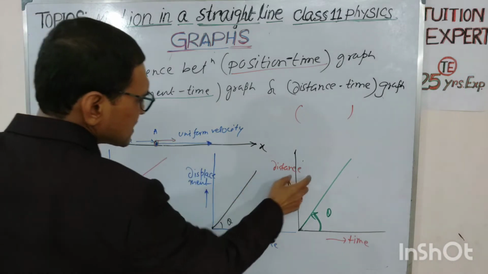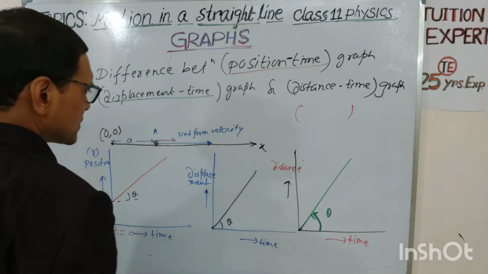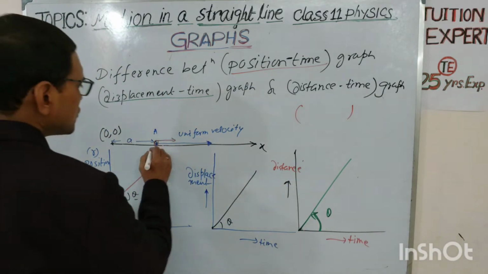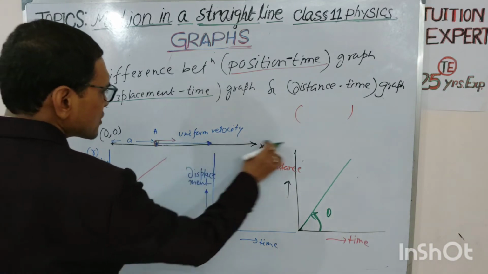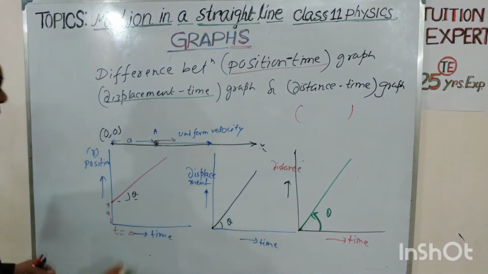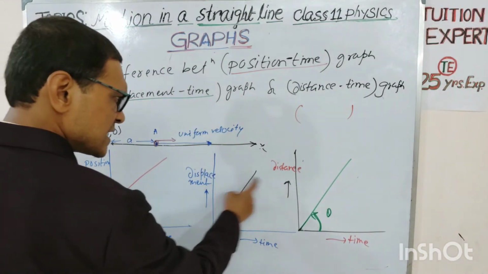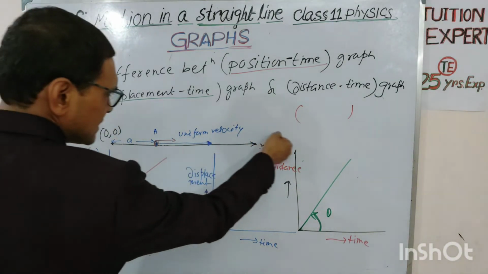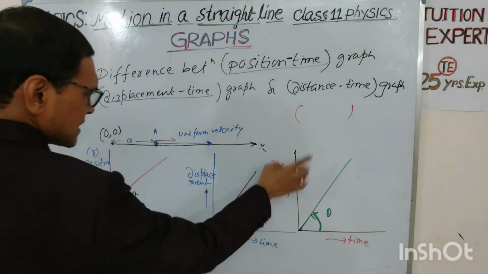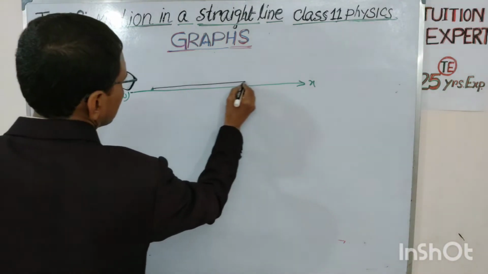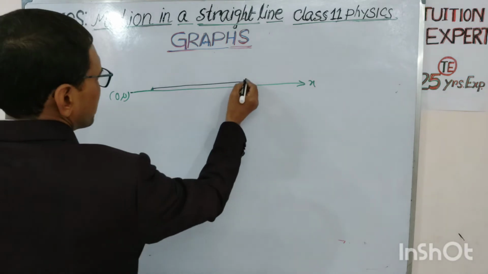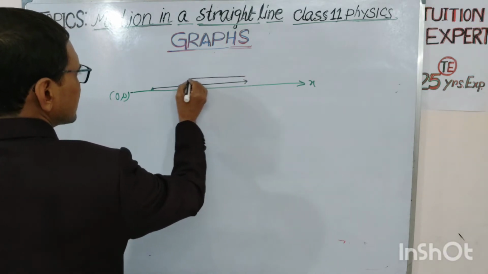So displacement and distance time graphs will be the same if the motion is unidirectional. Suppose the direction is not changing, same direction. Now if the direction changes, then there will be a difference between this graph and this graph. Suppose after some time it reverses direction.